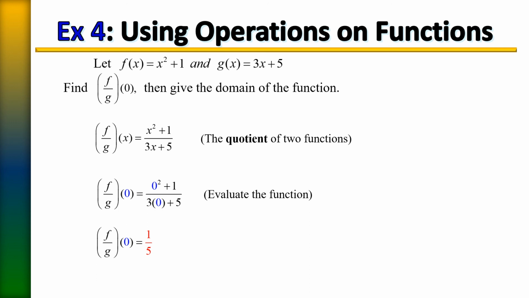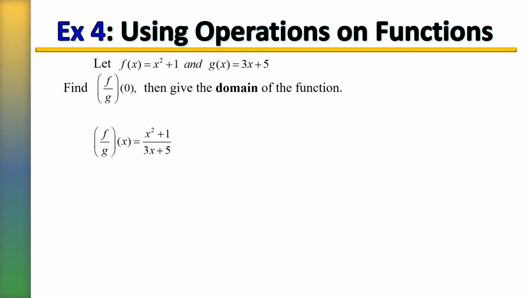And now we want to find the domain of this function. Remember, when you have a rational expression, it is the bottom that determines the domain of the function, the allowable x values. So you would take the bottom and set it equal to 0 and solve for x, and that will determine the domain of the function.